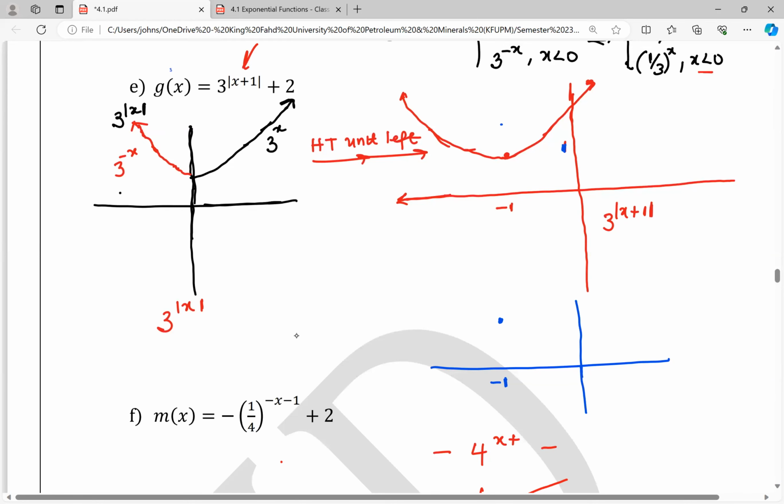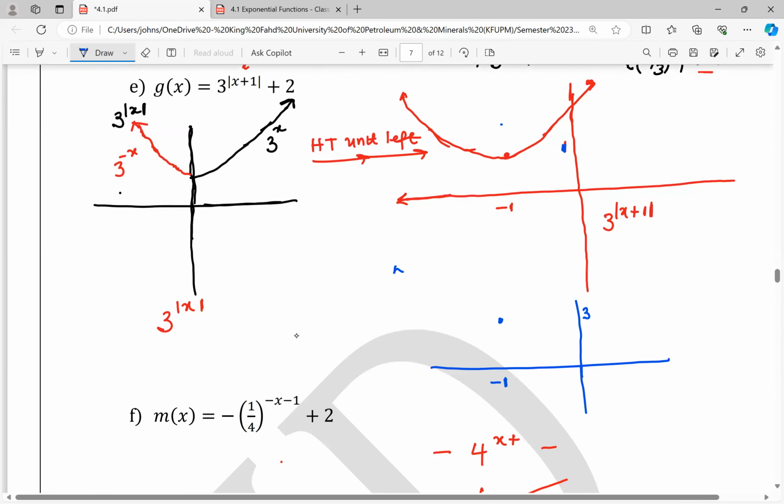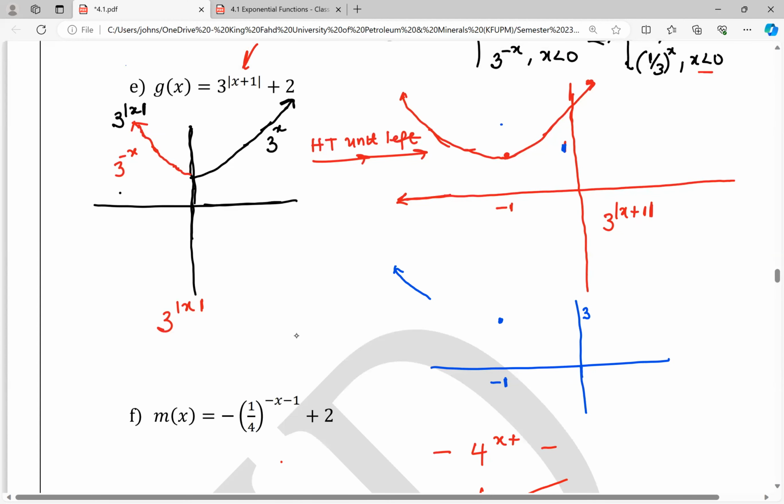This point, (-1, 1), moves to (-1, 3). So your graph is just going to open up this way.